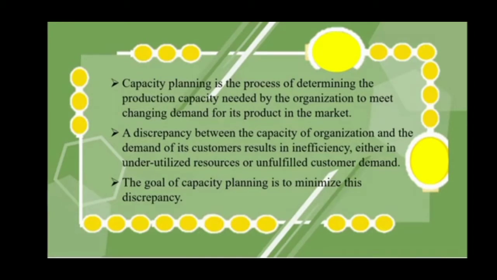It addresses the discrepancy between the organization and the demand of customers, which could result in inefficiency, either in underutilized resources or unfulfilled customer demand. The goal of capacity planning is to minimize this discrepancy, a lack of agreement or balance between the organization and the customer's demand.